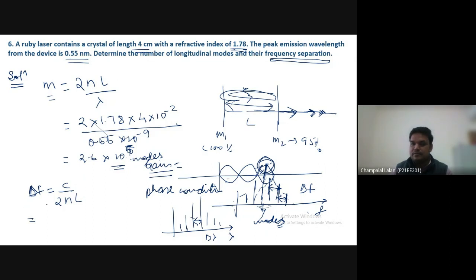Next part, delta f is 3 into 10 to the power 8 upon 2 into 1.78 into L, which is 4.